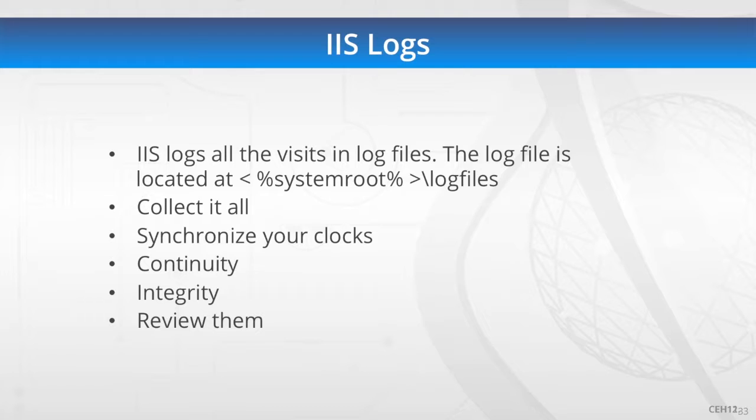So let's look at the IIS logs. In IIS logs, all the visits are recorded in the log files, located in the system root log files. It collects it, it synchronizes your clock, it's got good continuity, it helps with integrity. We could have unspecified executable path vulnerabilities.